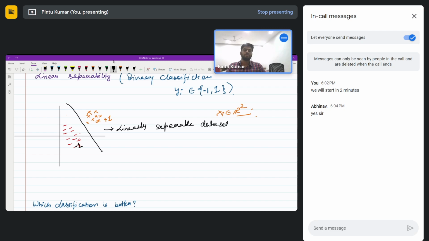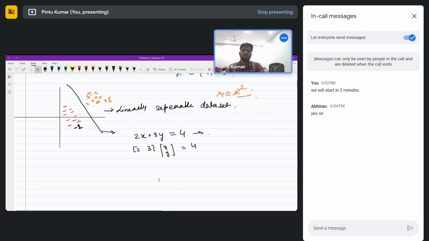Next important thing is, how does the equation of a line look in 2 dimensions? Let's say this hypothesis line looks something like this. It is not the exact equation of this line, I'm just taking some random line. A general equation would look something like 2x + 3y = 4.